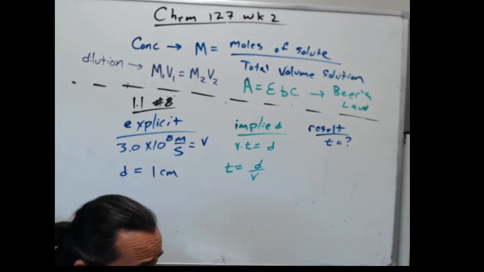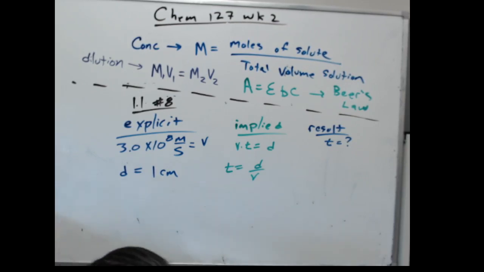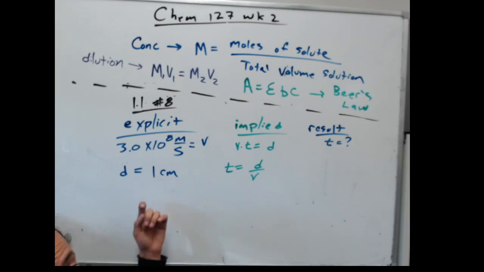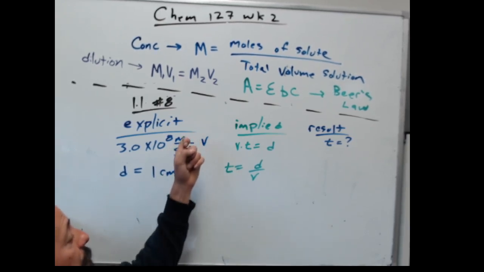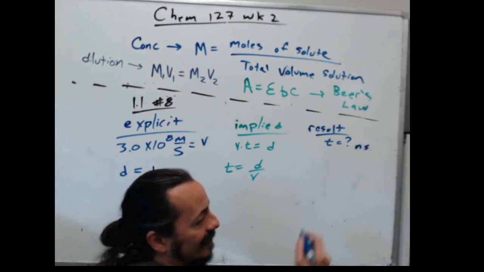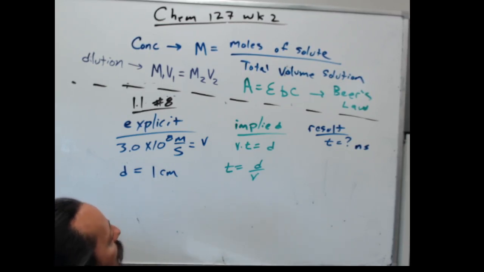And we have to be careful because this is v for velocity, not v for volume. So then I can just go ahead and plug in my things again. I've got to be careful about units. I've got meters, I've got centimeters, and I want the time in nanoseconds. So first I'm just going to solve this in terms of seconds, and then we'll convert to nanoseconds. That's always safer for me.